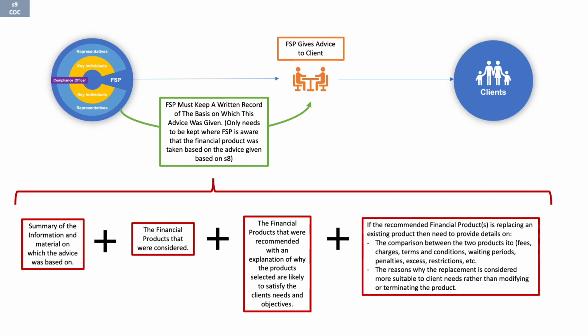If the recommended financial product or products is replacing an existing product, then an FSP needs to provide details on the comparison between the two products in terms of fees, charges, terms and conditions, waiting periods, penalties, excesses, restrictions, etc., and the reasons why the replacement is considered more suitable to client needs rather than modifying or terminating the product. The FSP must give the client a copy of the advice in writing.